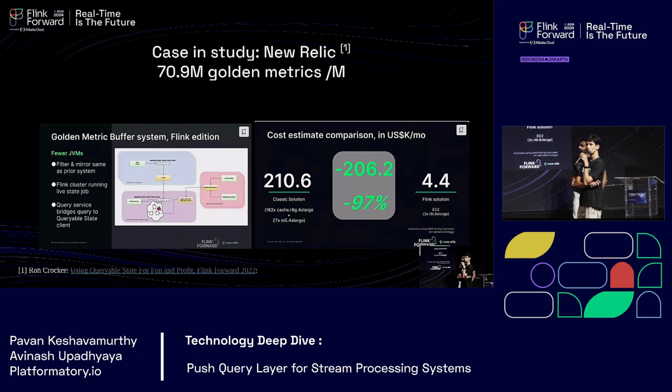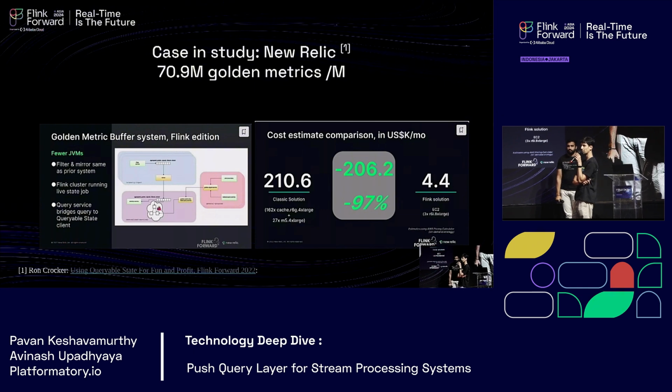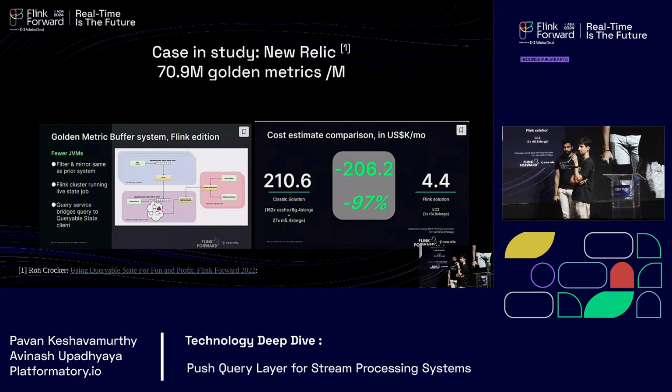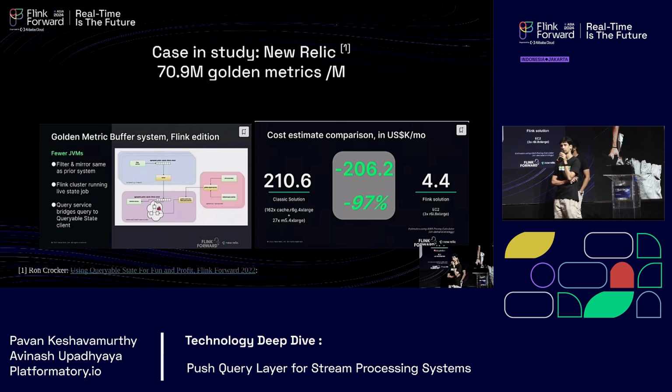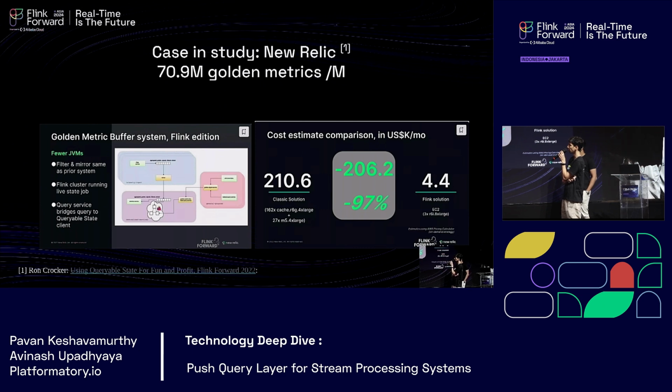Yeah, so who uses this pattern? I think just in our own experience, we've put this into use with IoT customers who process basically gigabytes of data across thousands of devices. A more popular example is from Flink Forward 2022, from New Relic specifically, where interactive state stores on Flink are being used to power the golden metric buffer system.